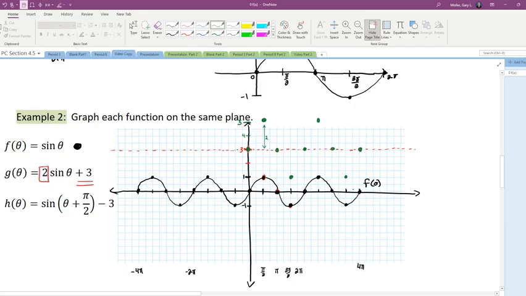Let's keep going, over 2 and down 2, over and back even, over and up, even, and down, and even.